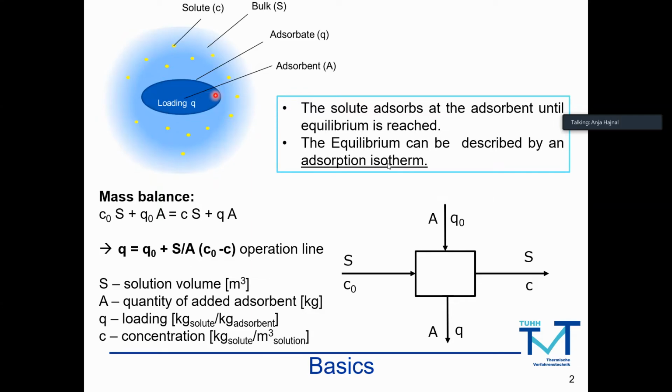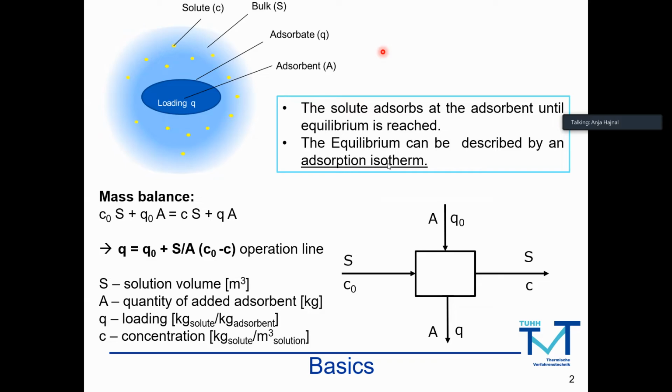And what we do is add an adsorbent material onto which our solute is going to bind. And if it's bound to our adsorbent, then we call it an adsorbate. The solute adsorbs at the adsorbent until equilibrium is reached. So we do an adsorption process at its equilibrium conditions, and we describe this equilibrium by an adsorption isotherm, to which I will come in a bit.